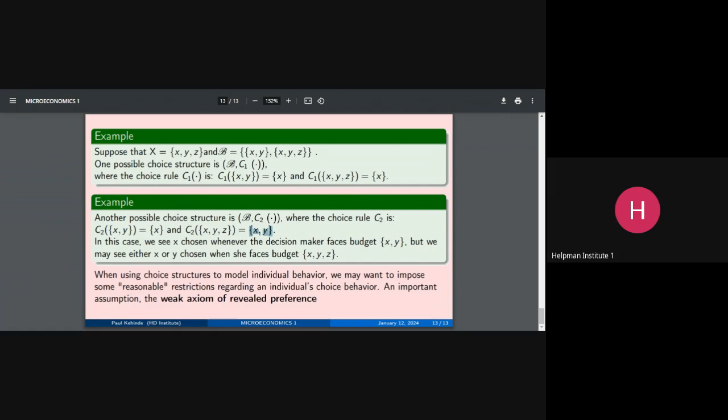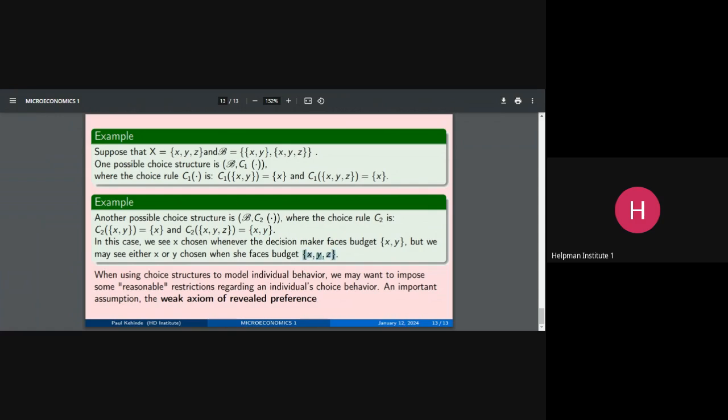All right. In this case, we see that whenever a decision maker is faced with a budget, it implies that he chooses either X or Y, given a certain budget.